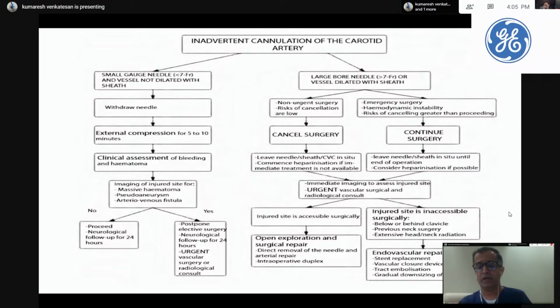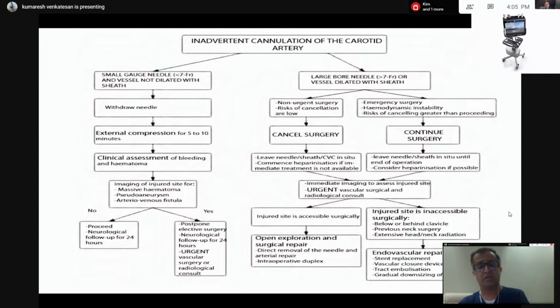Either you can use vascular closure devices, or it may need some surgical intervention, because if you remove the catheter immediately, you may run the risk of creating a large hematoma or forming a pseudoaneurysm, and all these complications can happen. So that's how you manage inadvertent cannulation of the vessels.